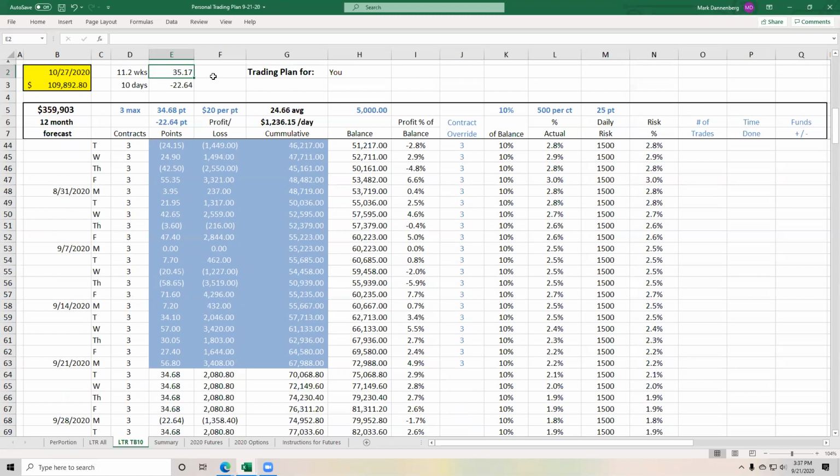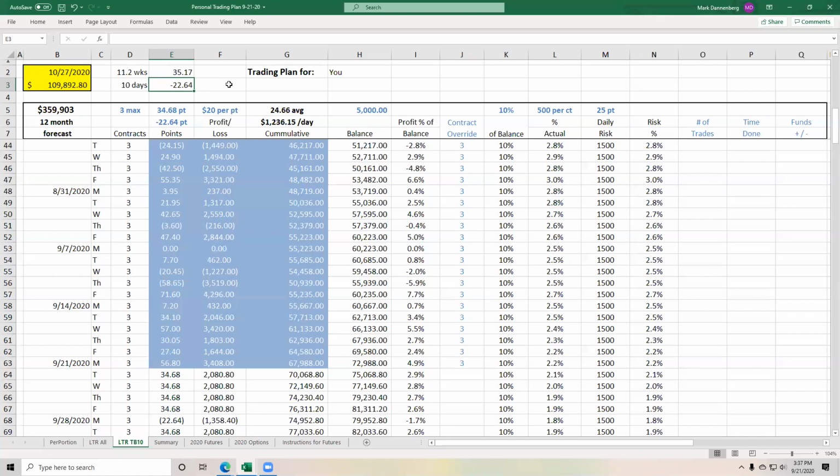When we have winning days for the first 11.2 weeks out of a 52-week forecast, our winning days are averaging 35.17 points per day. That's what we're averaging. Our losing days are averaging 22.64 points per day.